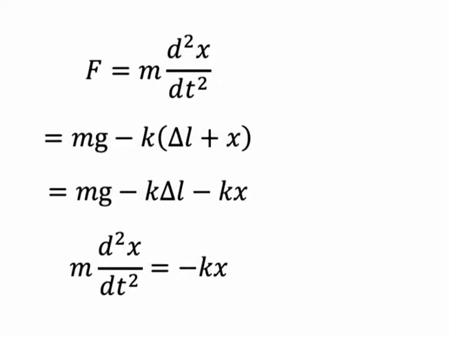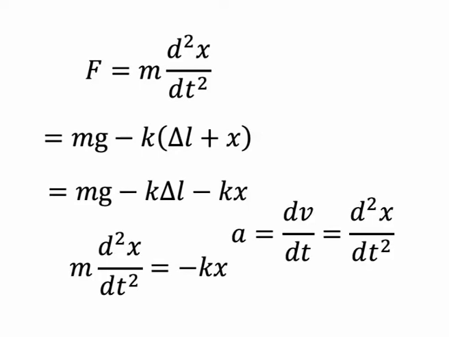Perhaps not surprisingly, this result is identical to the equation of motion B of the horizontal spring. We simply need to measure displacements from the equilibrium position of the mass.